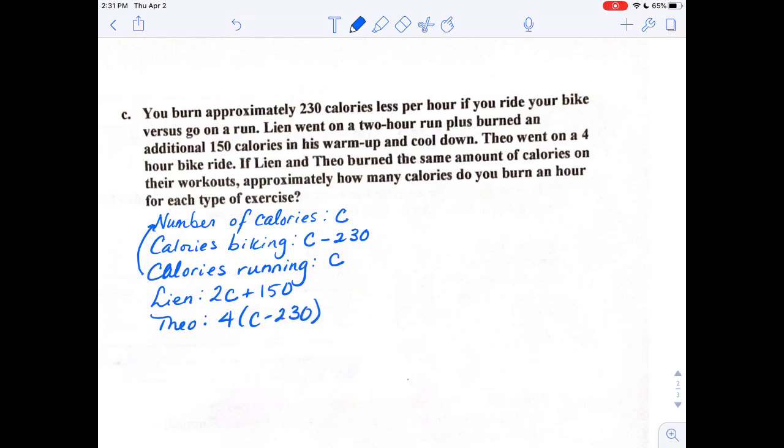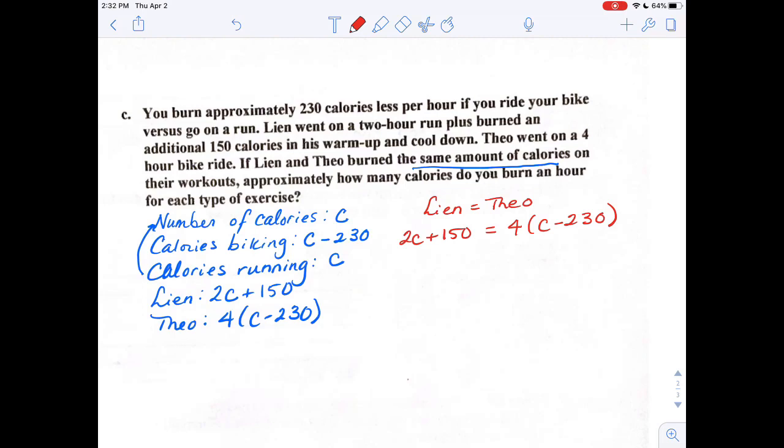And now I know that they actually did it, so they burned that same amount of calories. That's where I'm going to come up with my equation. So it's going to be Leon has to be equal to Theo. And we came up that Leon was 2C plus 150. Theo was 4 times C minus 230 because it was 4 hours of that biking.